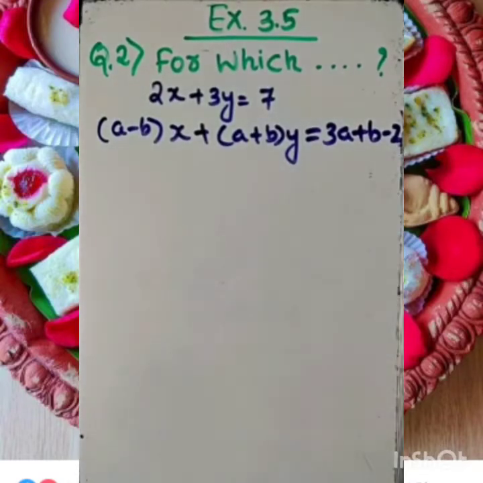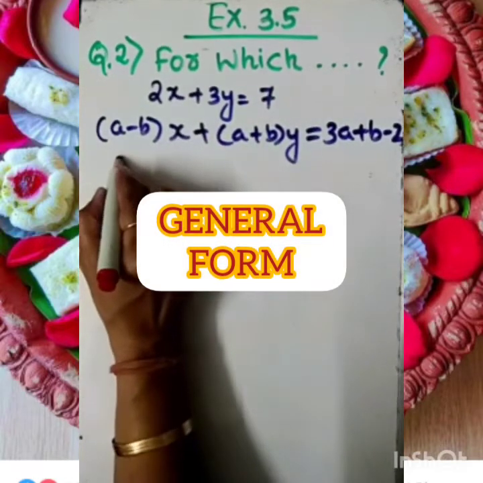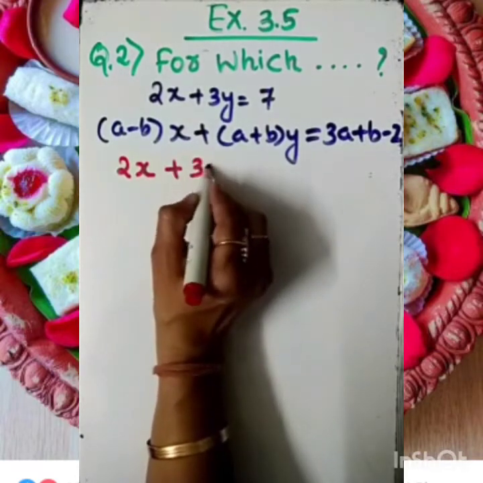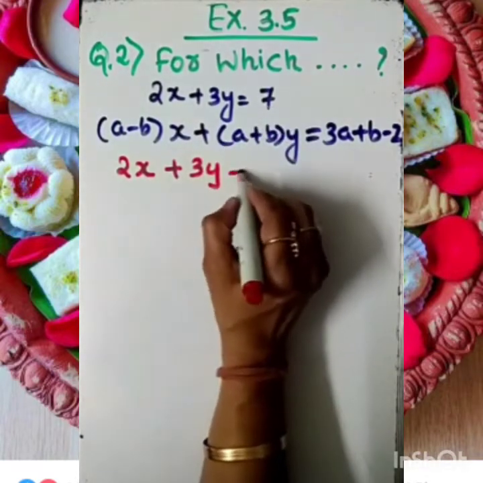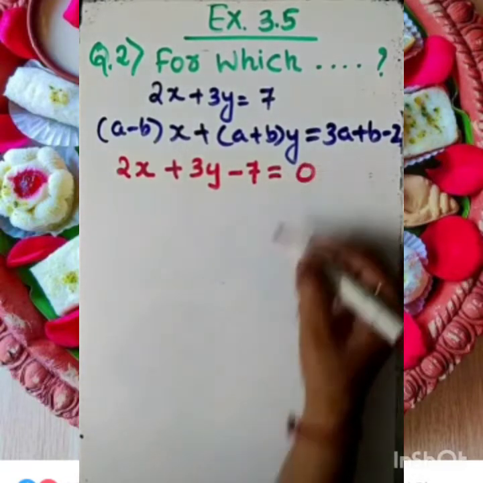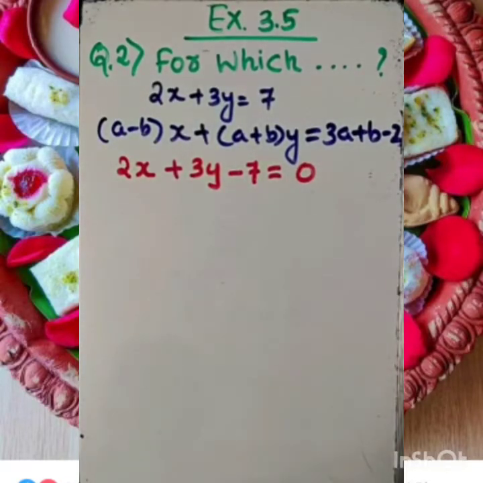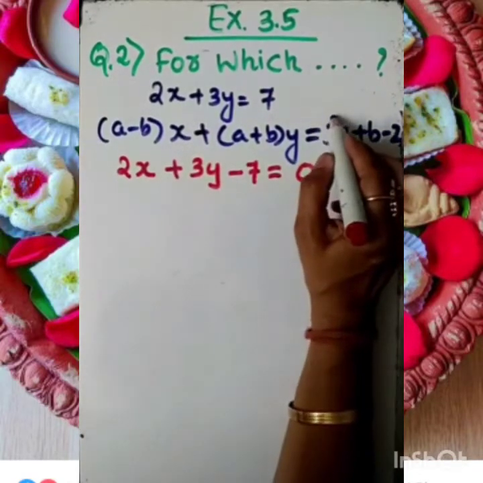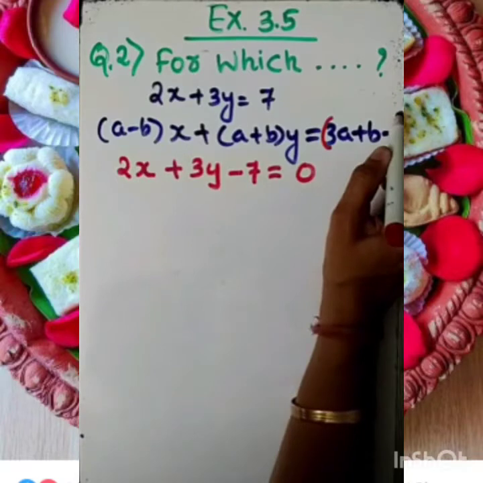Now, as it is not given in general form, first of all we need to write it in general form. Here, 2x plus 3y, and this 7 I am bringing to this side, which gives minus 7, equal to 0. Now the same thing I am going to do for this equation. Let me consider this full expression in one bracket.